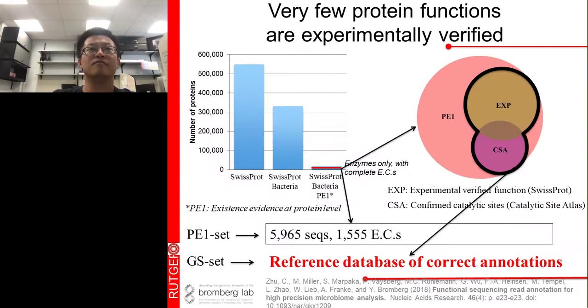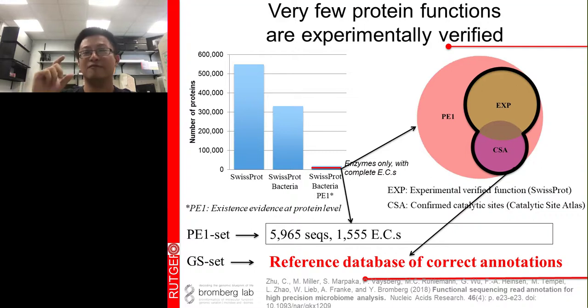Another problem is, again, as I mentioned before, that the annotation quality of the reference database is questionable. Here in this chart, the bar on the very left is the overall number of proteins in SwissProt. SwissProt contains only manually curated proteins.